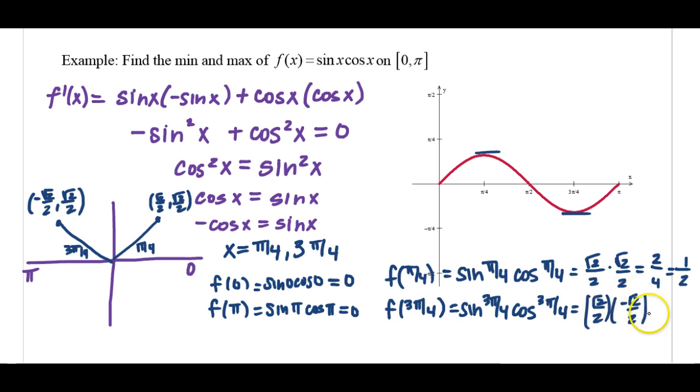So it's going to be the same number, only negative, so negative 1/2. So between all four of these results, the biggest value is positive 1/2 and the smallest is negative 1/2. So my absolute max is 1/2 and my absolute minimum value is negative 1/2.